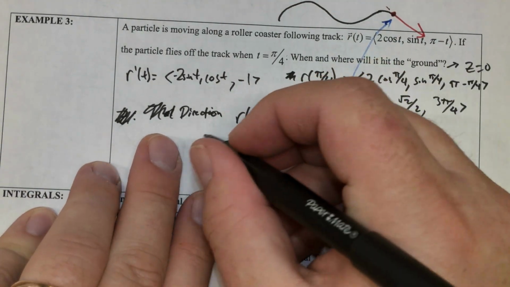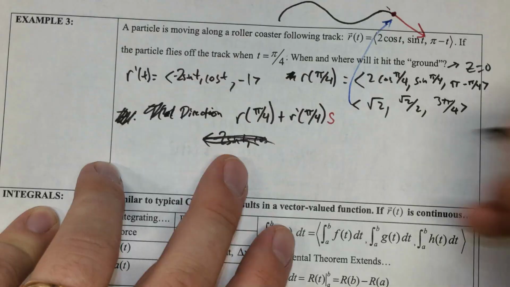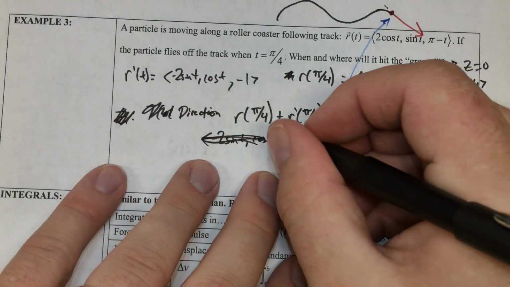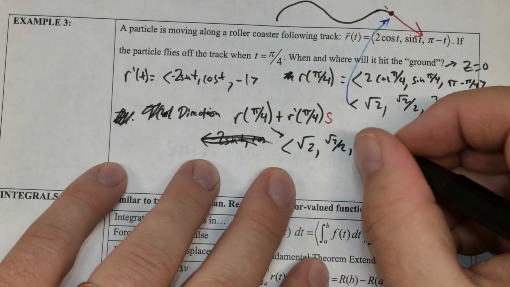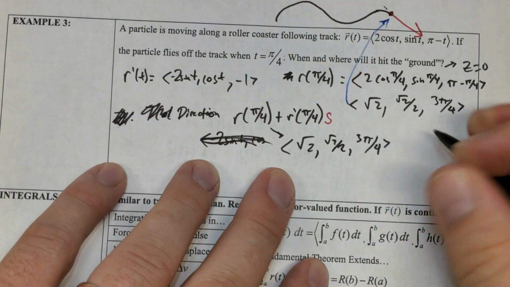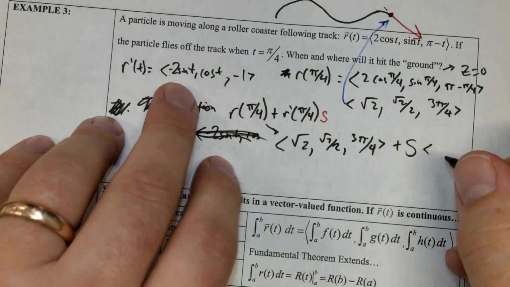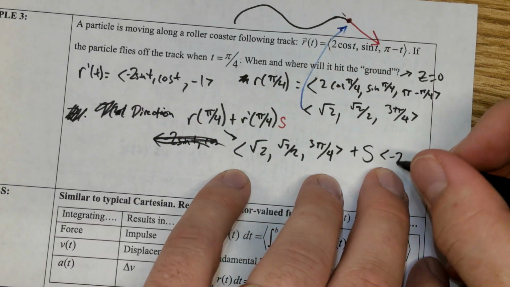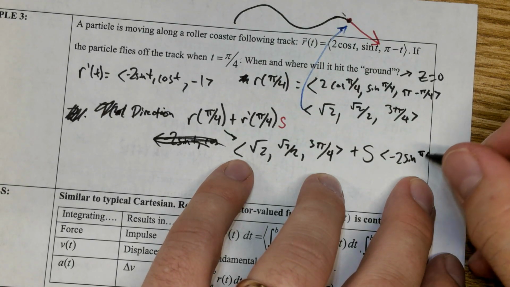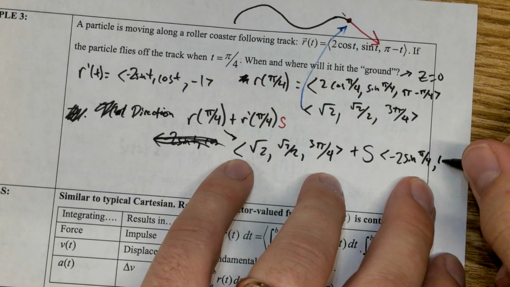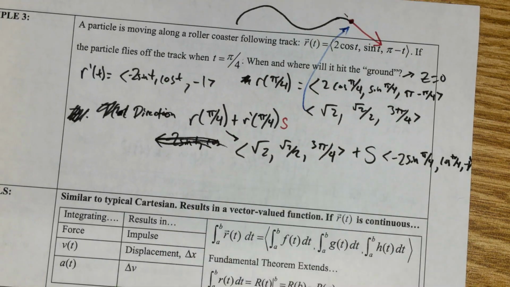So I would bring down these things, rad 2 over 2, 3 pi over 4, and then I would add this change vector, this direction vector, negative 2 sine of pi over 4, cosine pi over 4, negative 1.